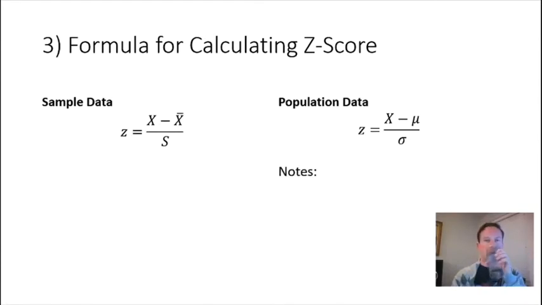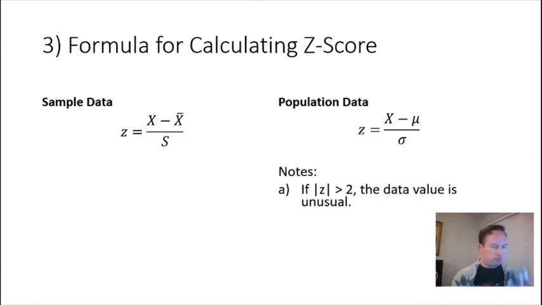Here are some notes. Now, we've talked about outliers before. Here's a more accurate way of identifying outliers. If you take your z-score and you take its absolute value, so that means just disregard any negatives, if it's more than 2, the data value is unusual, meaning it's an outlier.